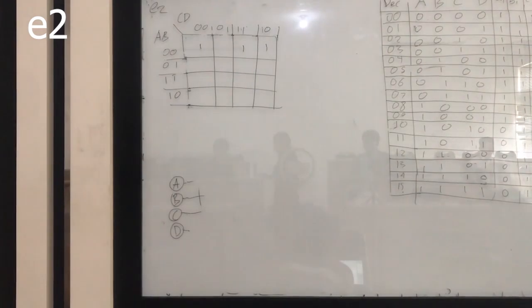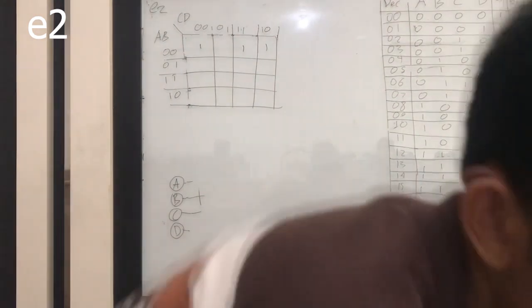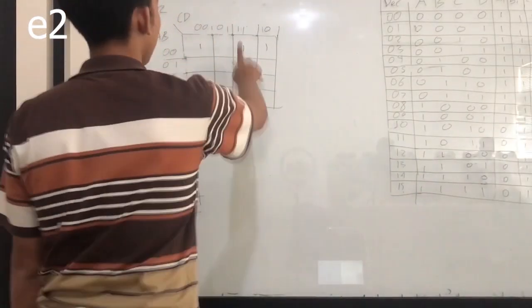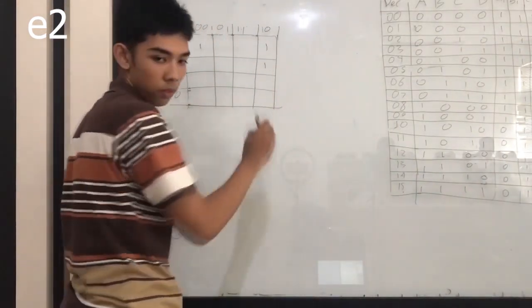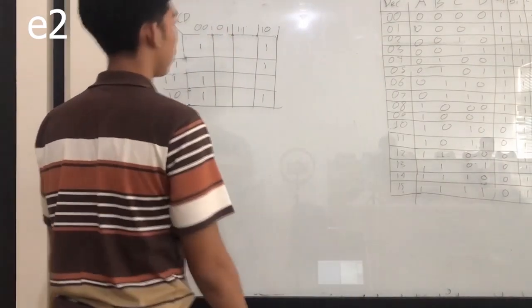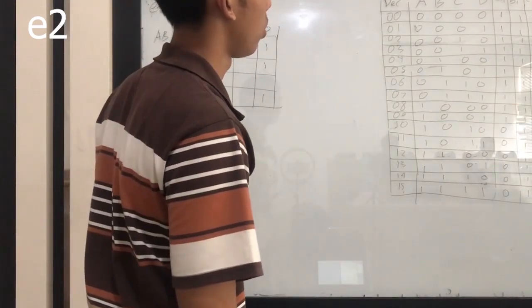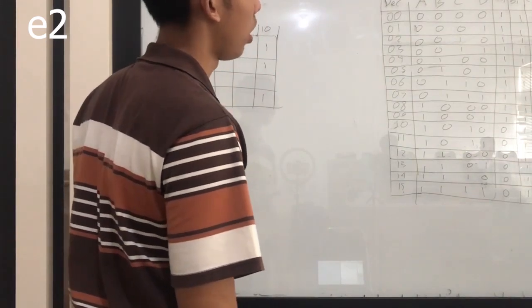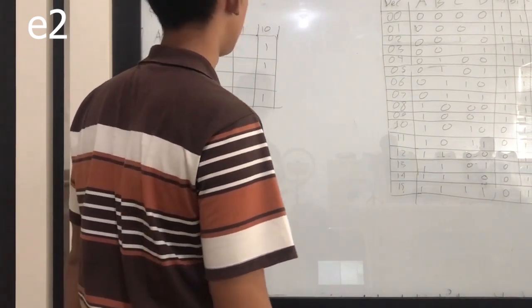Ini di 2 anjir. Hah? Mulai. Iya. Bengong gitu. Anjay. Oh, si bal. Aku lihat yang.